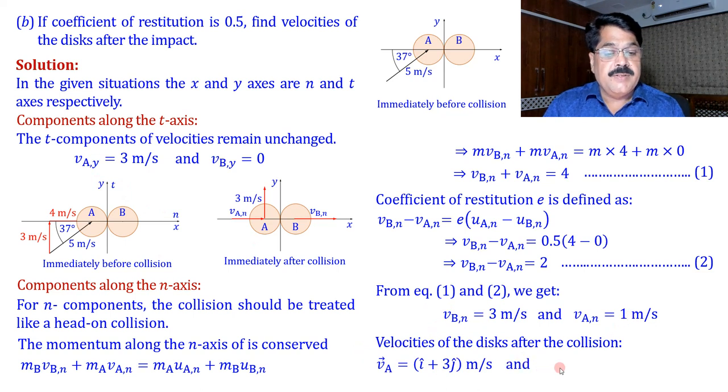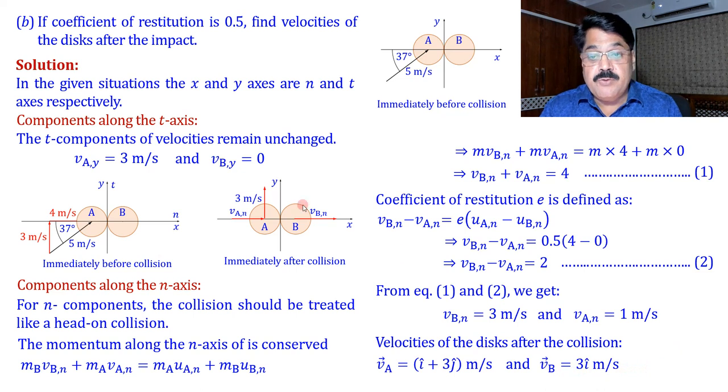And similarly, the Vb vector is 3i cap meter per second. So the problem has been resolved. You can see Vb has no tangential component, and Vbn we have obtained is 3 meter per second. Now what we have learned from this problem, let us practice in the next problem.